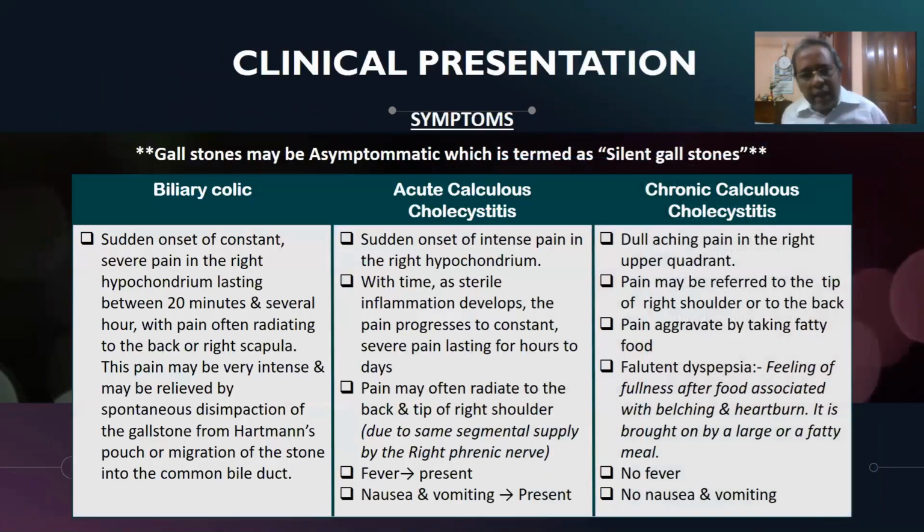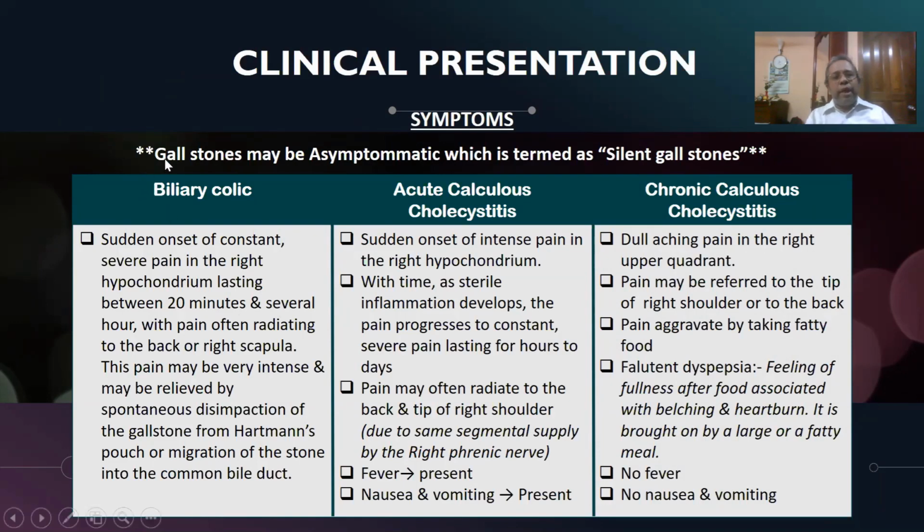So what about the presentations? Always we are presented with the symptoms of two disease processes called acute cholecystitis and chronic cholecystitis. But we must remember that there are not only two.